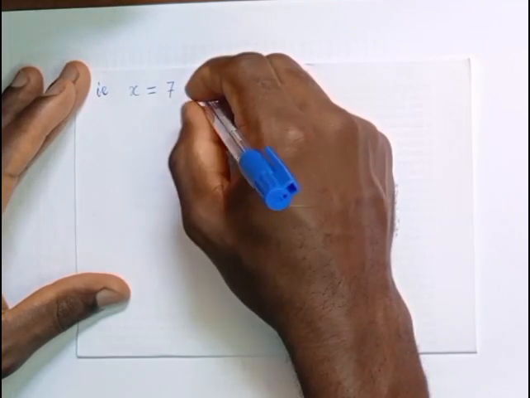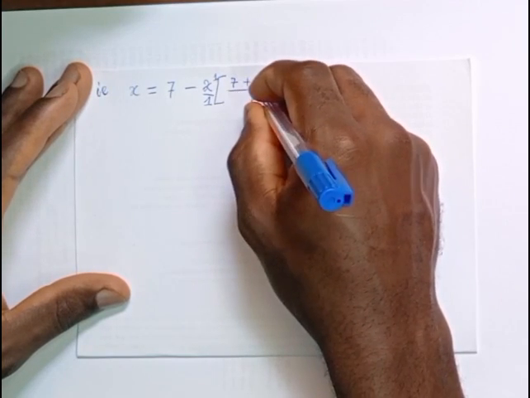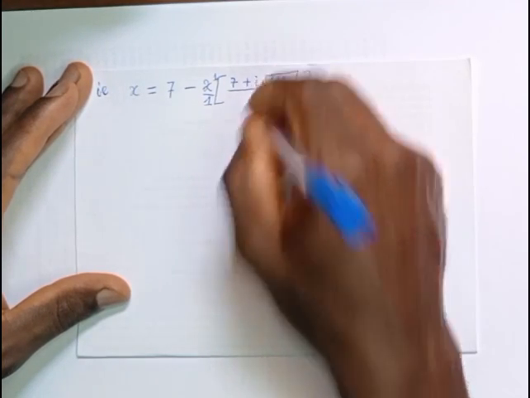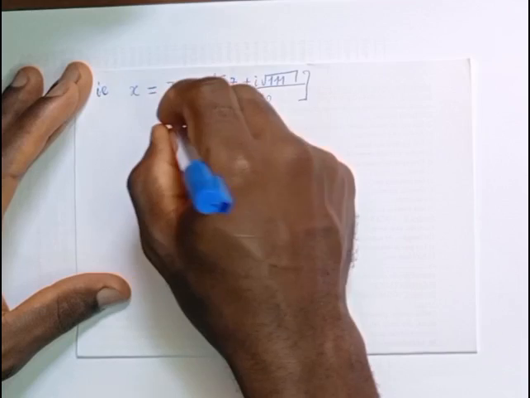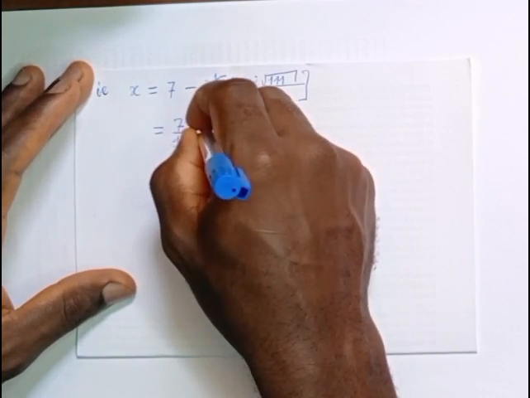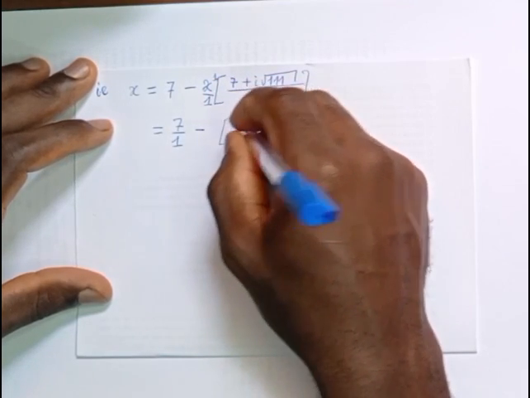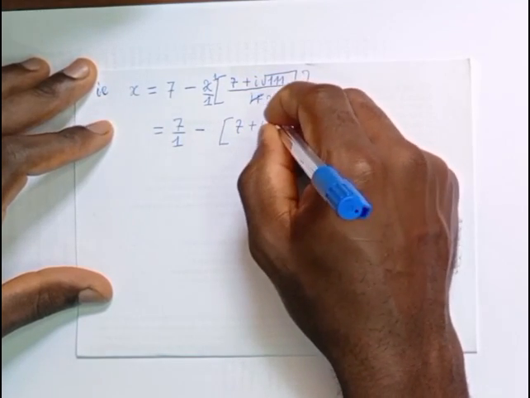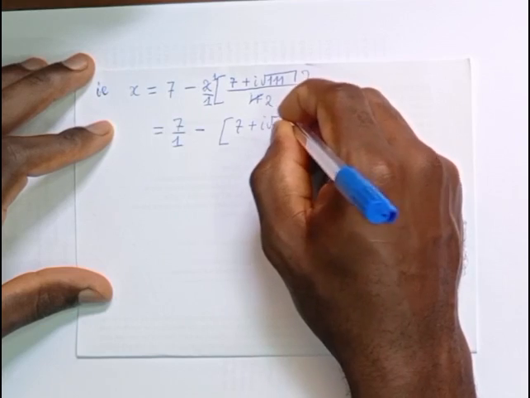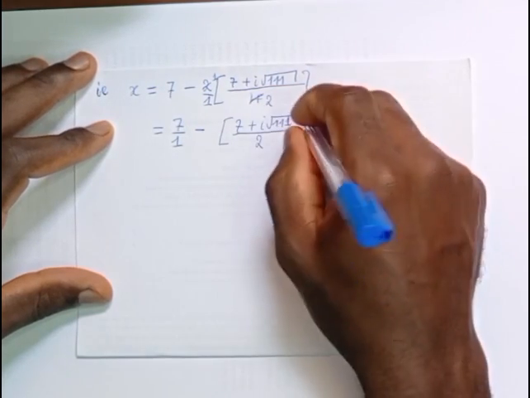Simplifying this, 2 will go here one time, while 2 will go into 4 two times. This will simply be equal to 7, which can be expressed as 7 over 1, minus, we'll be left with 7 plus i root 111 all over 2.